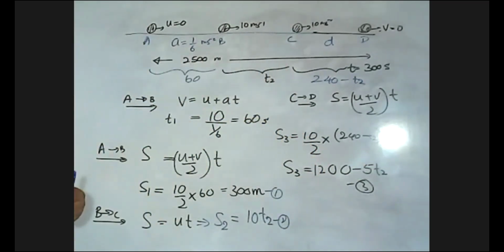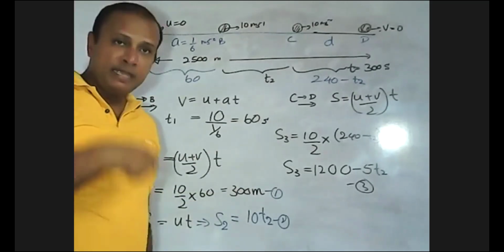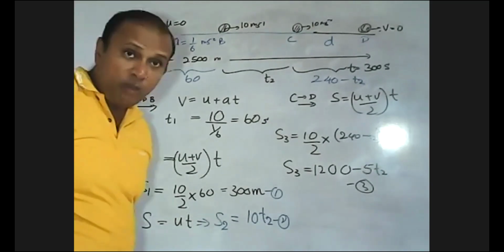Okay. So if I add equation number 1, 2, and 3, it should be equal to 2,500.